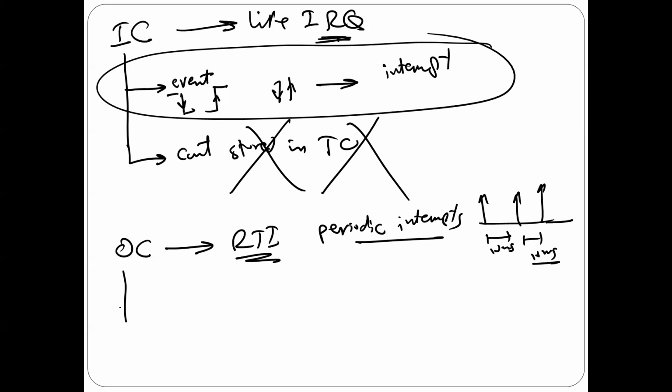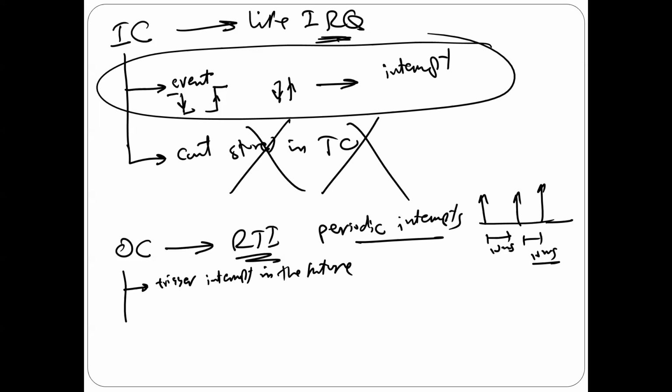Output compare should be used, number one, to trigger an interrupt in the future. You remember when I told you I'm going to put TC here, TC plus 900? That means after 900 counts, I'm going to trigger an interrupt.